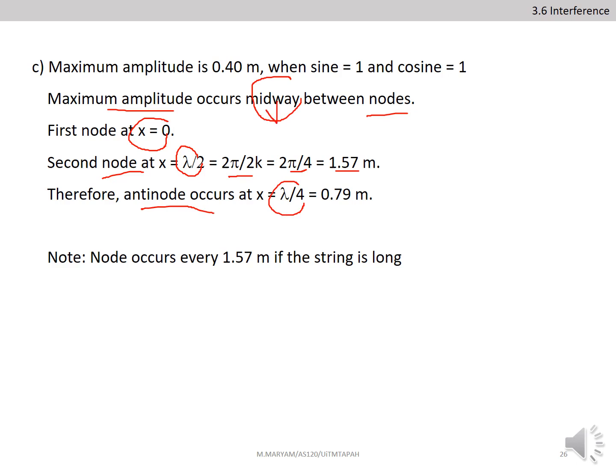Therefore, the antinode occurs at x equal to lambda over 4, because we take midway. So substitute lambda in here, and we get the value of 0.79 meter. Lambda is 1.58. So note that here, a node occurs every 1.57 meter from here if the string is long.